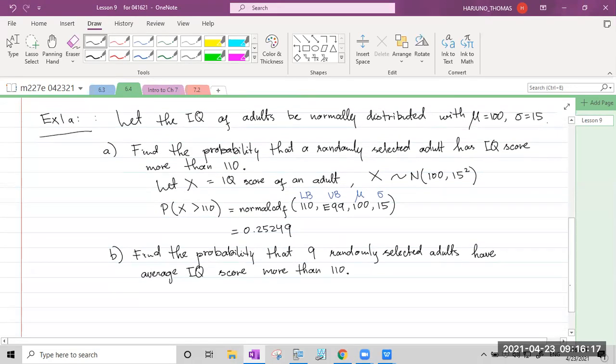So not only one adult right now, now we have 9 adults. The thing is, we want to find the average IQ score of these 9 adults.